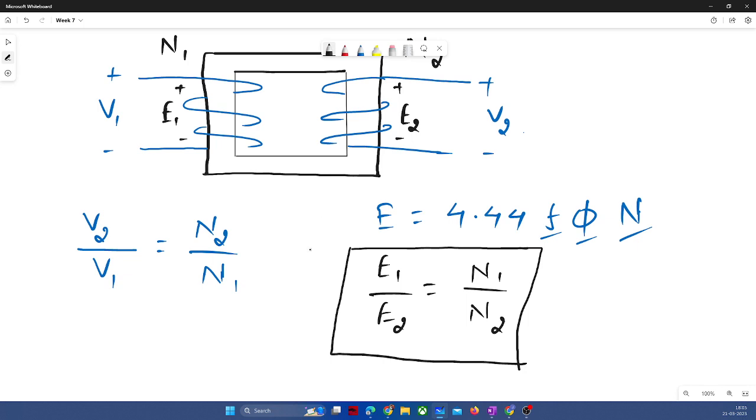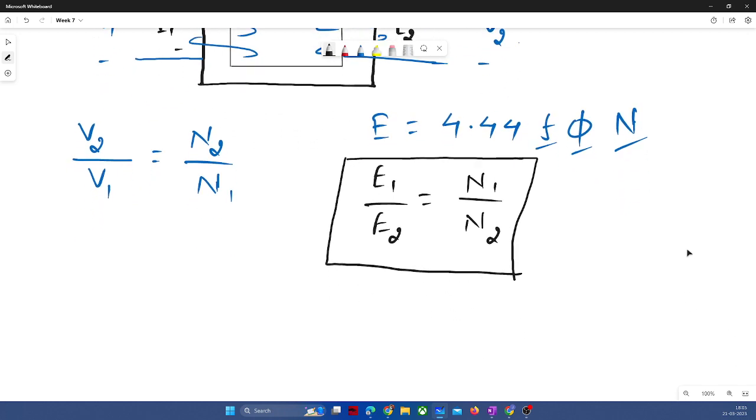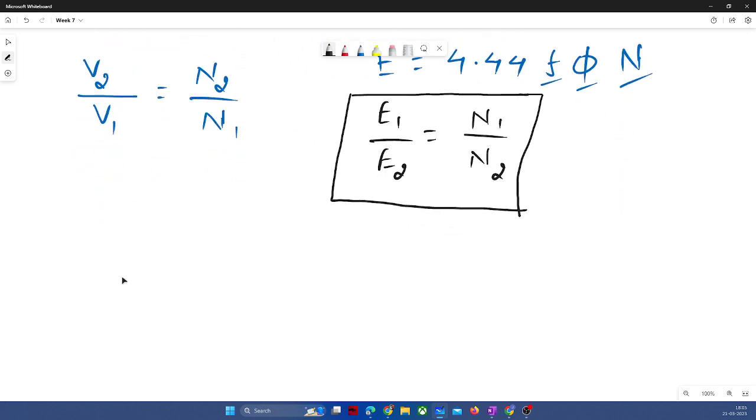Further from this point, first let me draw an equivalent circuit diagram, then it will be easy to visualize in terms of drops. When we describe concepts in terms of electrical parameters, it is better to draw certain electrical circuits.